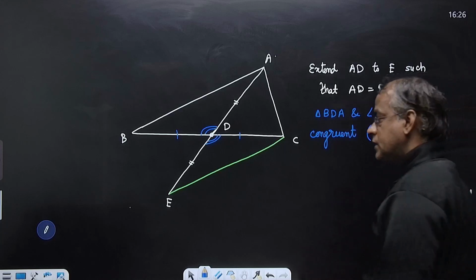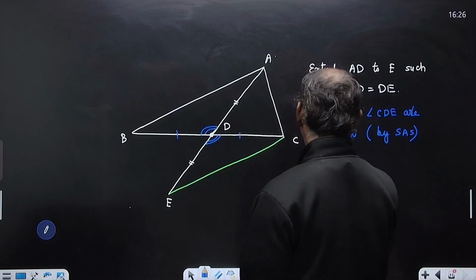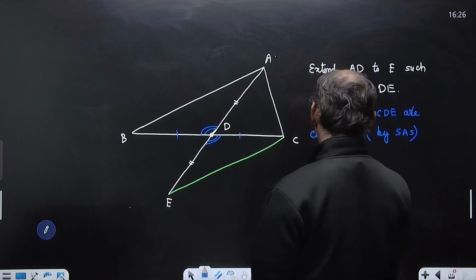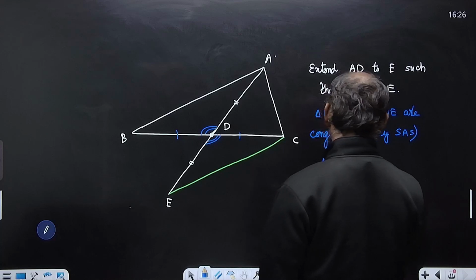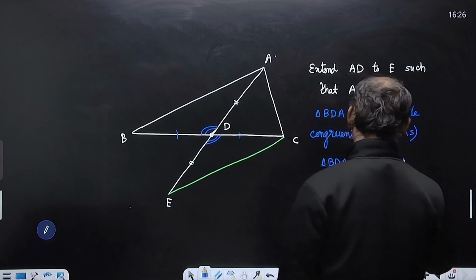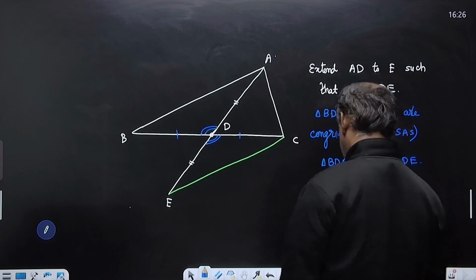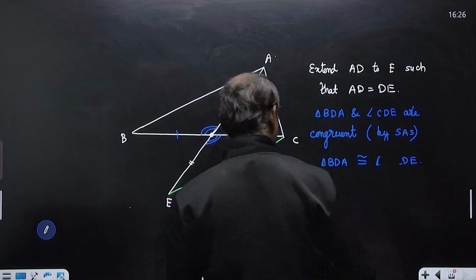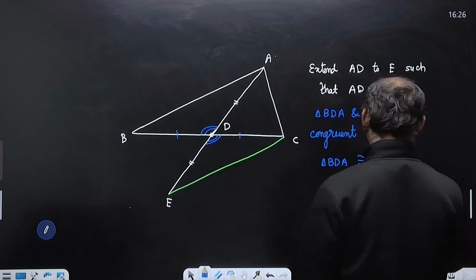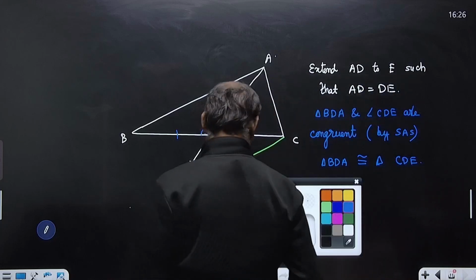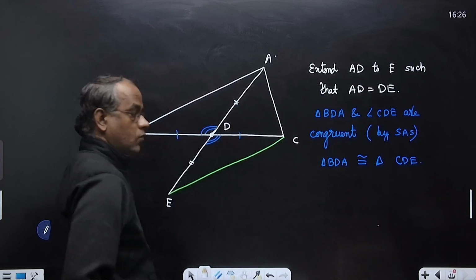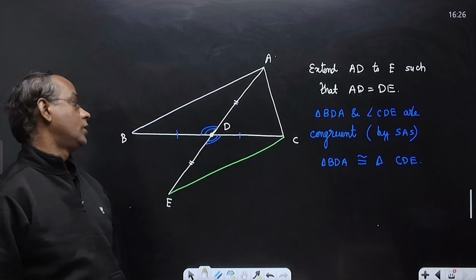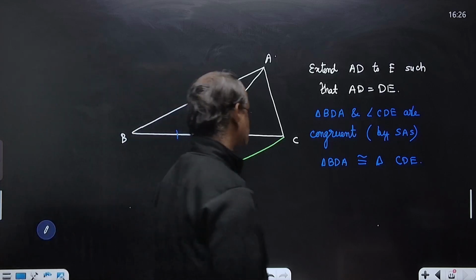What we write here is generally we write triangle BDA congruent to triangle CDE. Okay, they are congruent to each other, and again very simply we can see.